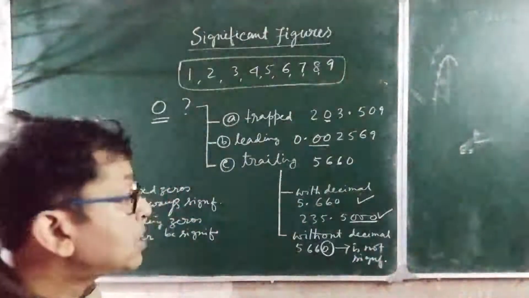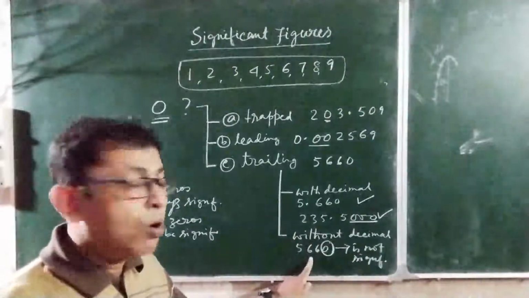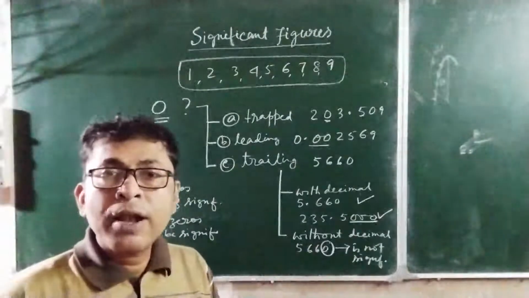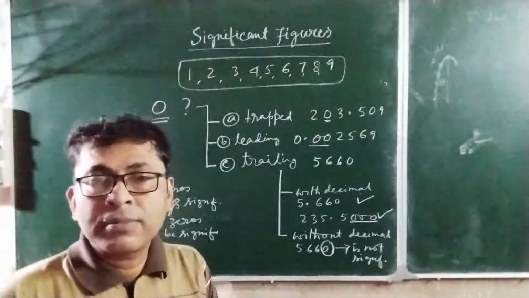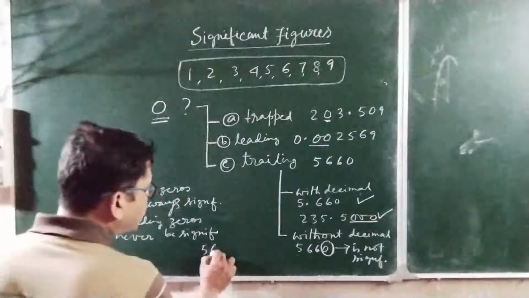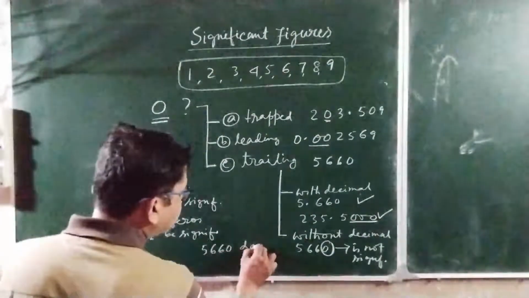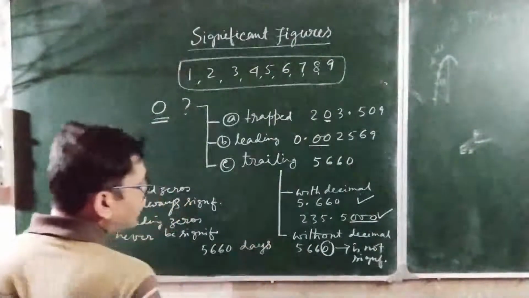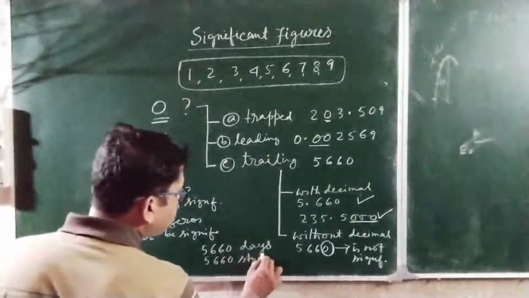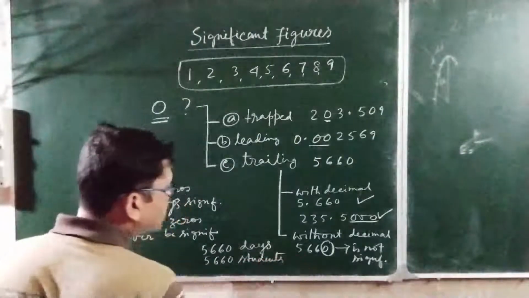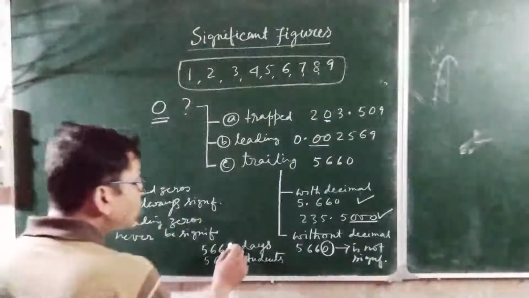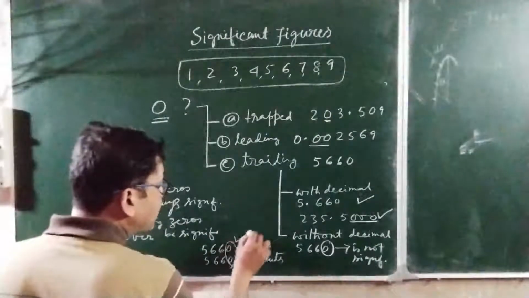But if this numeral or if this number refers to a certain specific term, like number of days, 5660 days, or 5660 students in a school or college, like this, then these zeros must be taken as significant.